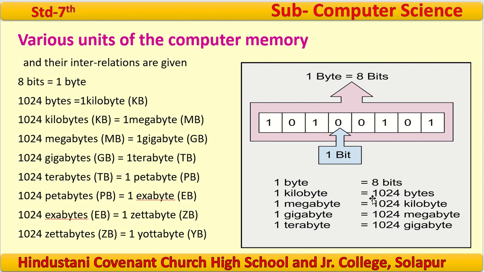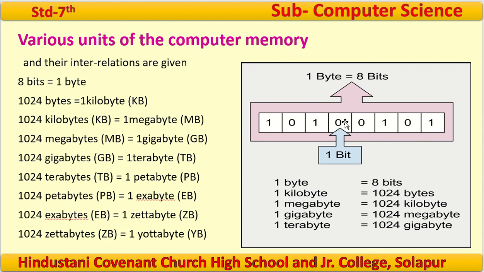8 bits. Now what do you mean by bit? A bit is a trigger of 1 and 0, on and off. If I say on, it is 1, off, it is 0. Okay, so a combination of 1s and 0s. If I have 8 bits, each bit can be 0 or 1.